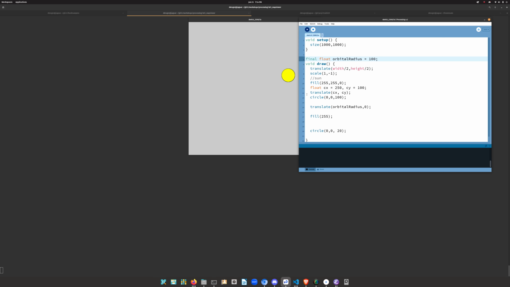But we don't always want it to be to the right of the sun. We want it to go around, right? So what we have to do is rotate. So we're going to say rotate by A. Remember, this is why I'm telling you the way you work in OpenGL. We translated so that the sun was the center of our universe, right?